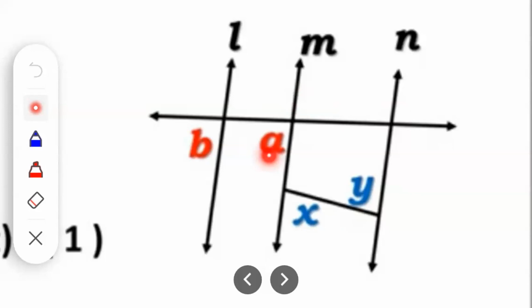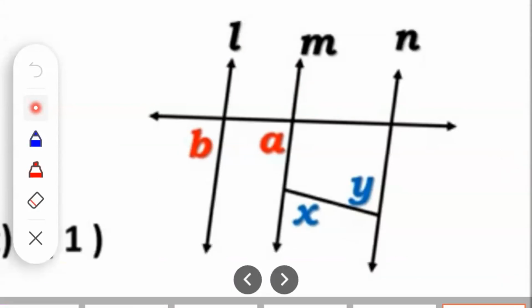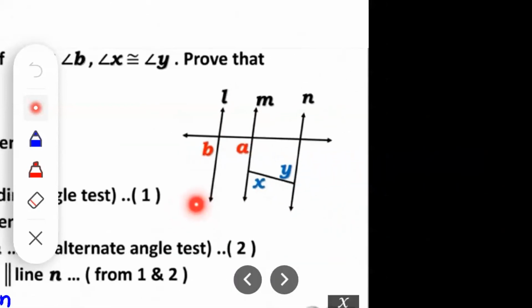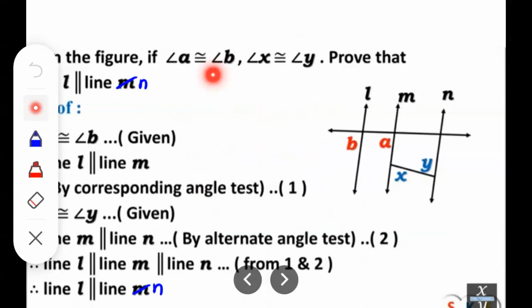And if those are congruent, then by the corresponding angle test, we can say that line L is parallel to line M. Now, can we say those are congruent? Yes, why not? Because it is already given in the example that angle A is congruent to angle B.